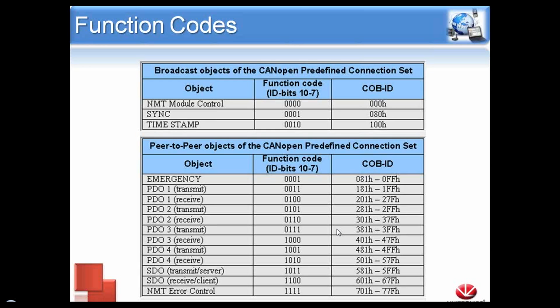Next, we have the emergency. There are 4 PDOs, and a transmit and receive for each. Then the SDO transmit, SDO receive, and lastly is the NodeGuarding. Again, everything goes in order of the COB ID, so the PDO 1 has a higher priority than PDO 4.